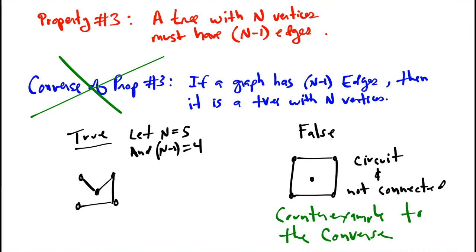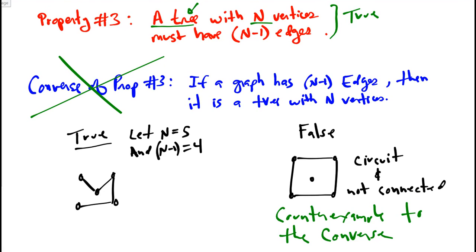In order for it to be true, it must always be true. So again, property 3 is saying we're starting with something that is a tree and has n vertices, so it must have n-1 edges. Property 3 is true, and that's because tree is given in the hypothesis.